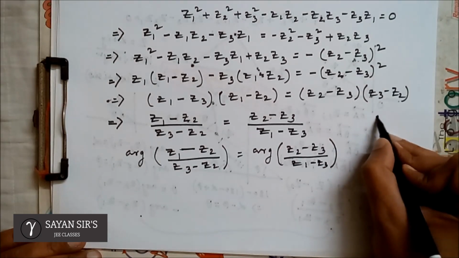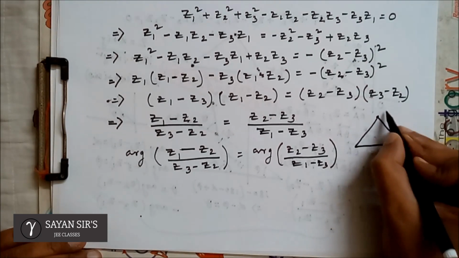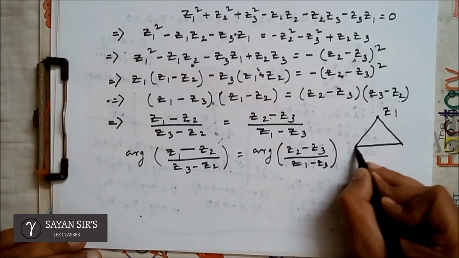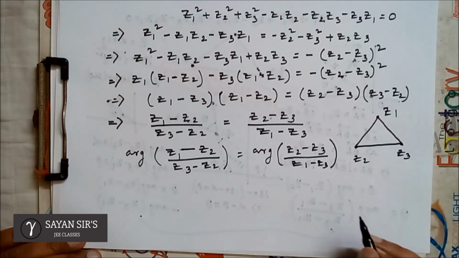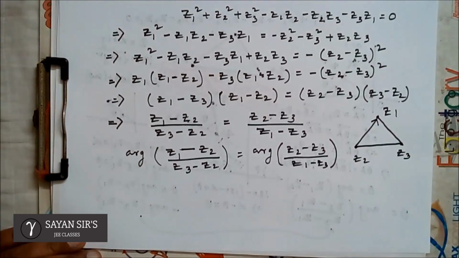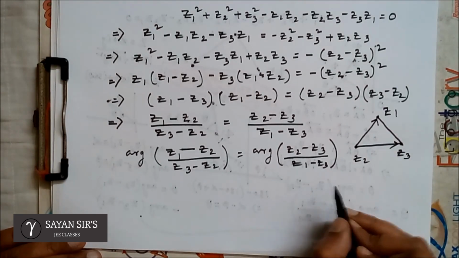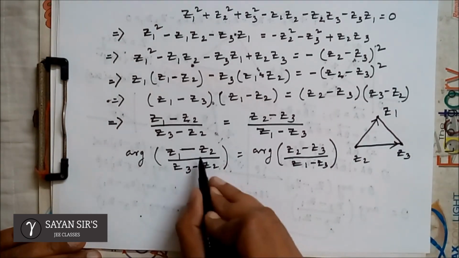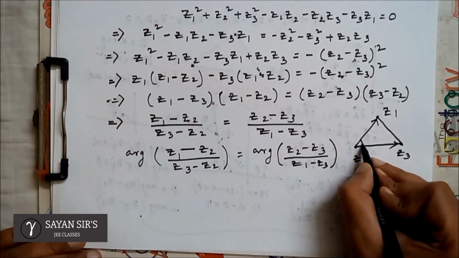So let us make a triangle. Say this point is z1, this is z2, and this is z3. z1 minus z2 is actually this vector, and z3 minus z2 is this vector. So argument of (z1 minus z2) divided by (z3 minus z2) means we are talking about this angle.